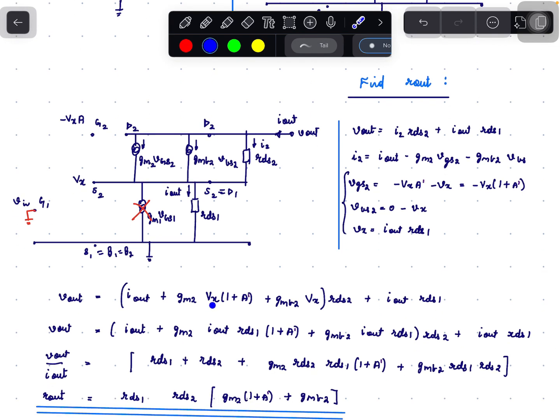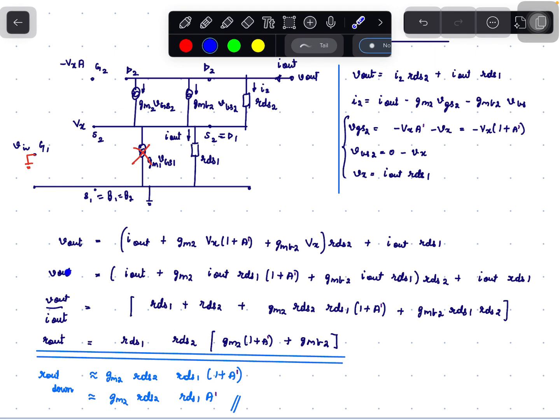We know that Vx equals I out times RDS1, so in this equation replace Vx by I out times RDS1.